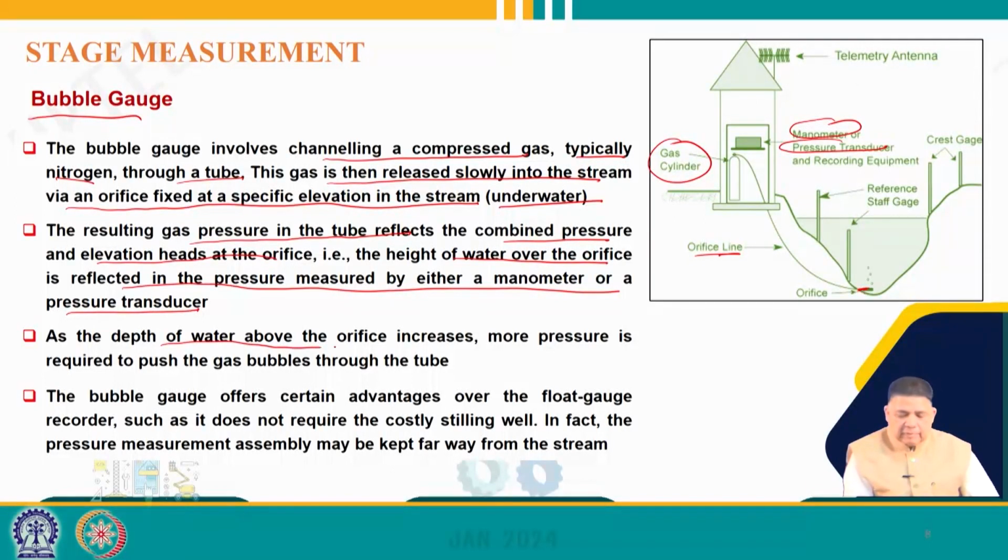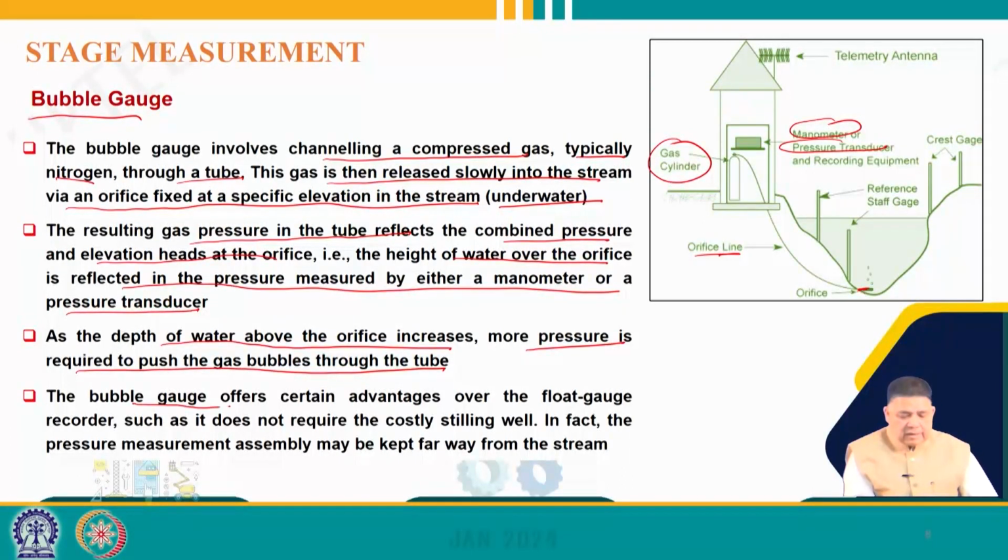As the depth of water above the orifice increases, more pressure is required to push the gas bubbles through the tube. So, that means any change in the water level will change the pressure on the gas cylinder for releasing the gas here, and that will be recorded by the manometer or the pressure transducer.